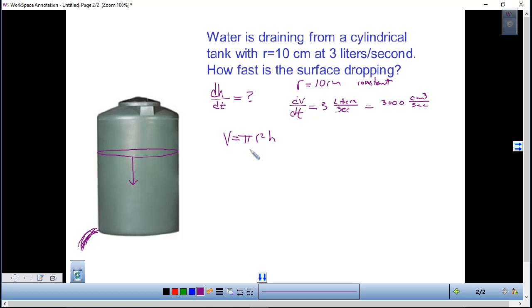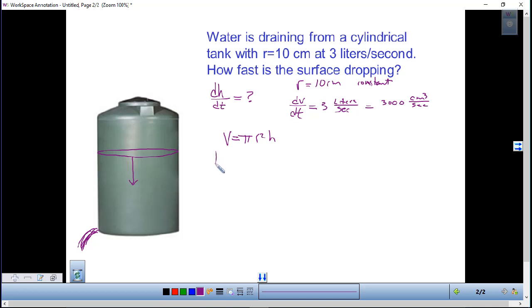If you treated it as r squared and h were both changing, and you did the product rule here, when you put the dr dt in there as 0, it cancels out what's not important. So if you make that mistake, it's okay, as long as you remember that your radius is not changing. But since we know it's not changing, we can treat this just as a constant, just as it is, and leave it as it is.